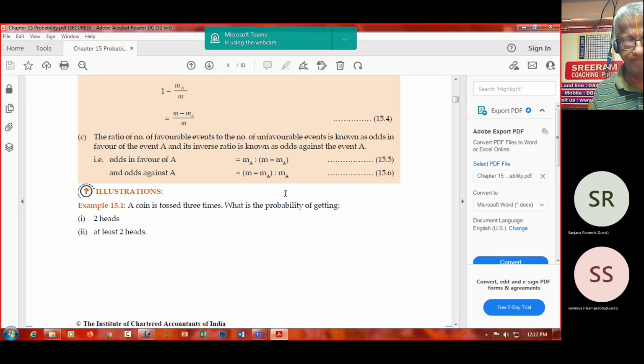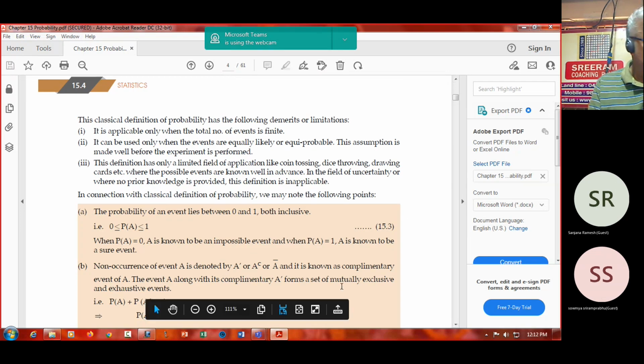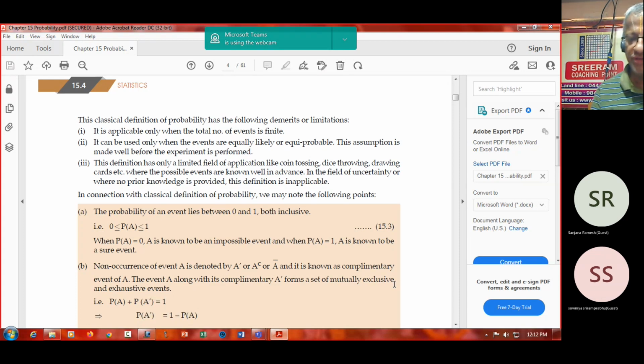Will you start? Yes. So prior to that, let us just note down some of the properties or formulas before we touch anything on solving problems.